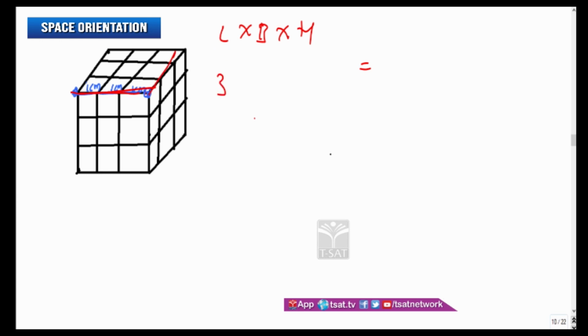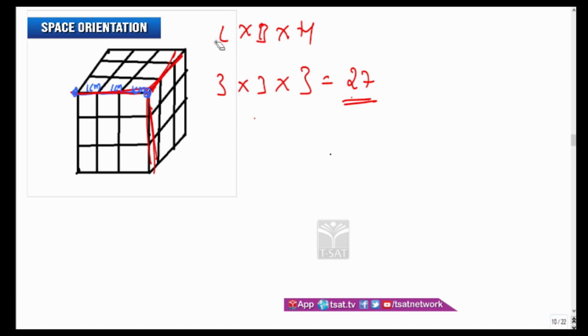In breadth, again 3. In height, again 3. So you just multiply, 3 into 3 into 3, that is total 27 small cubes. So whenever a cube of 3 centimeter size is cut into 1 centimeter, 3 into 3 into 3, that is total 27 small cubes are possible.